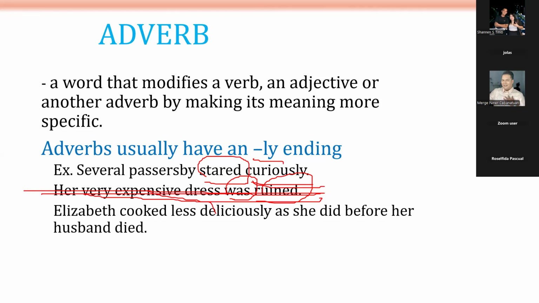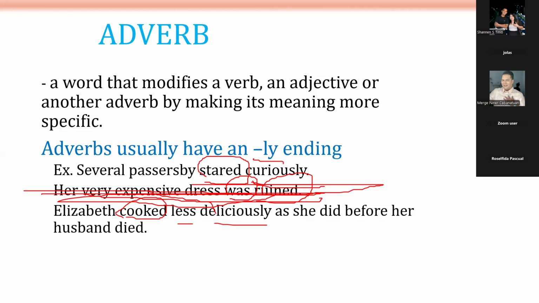So, we use two adverbs, less and deliciously. And they modify the word cook by asking the question, how did Elizabeth cook? She cooked less deliciously. Okay? Is it clear? Again, huwag niyo nang pansinin yung sentence na yan, ha?